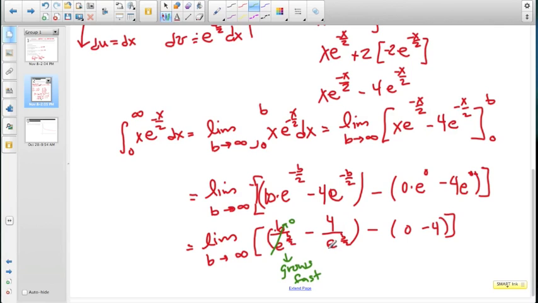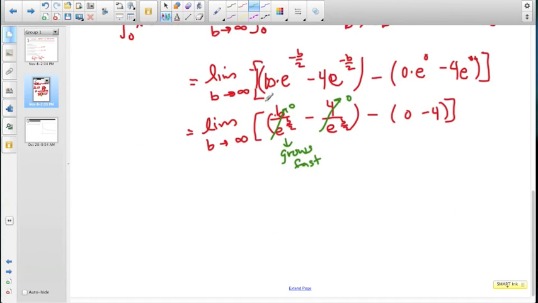Likewise, since this is constant, this goes to infinity, this goes to 0. This is 0. So what we have left, after we evaluate as the limit as b goes to infinity, we have 0 minus 0, which is 0, minus a negative 4. So we have a limit of 4.